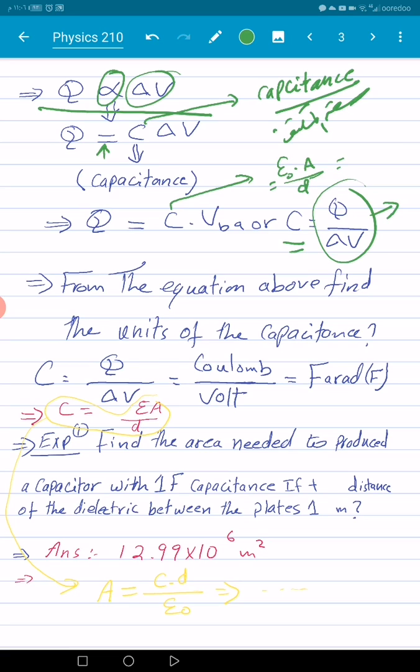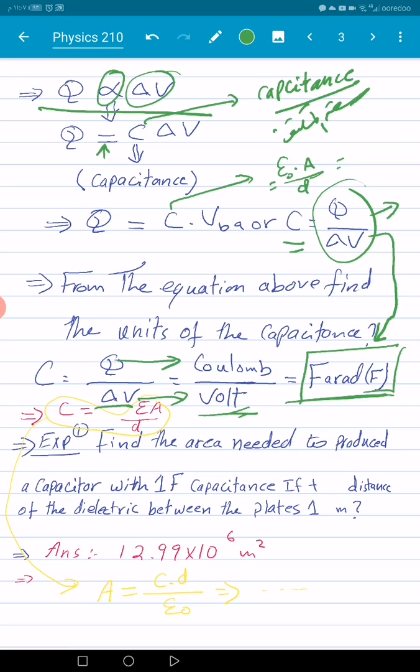But the easiest way, we can use this, because this is normal and easiest to find the unit of the capacitance. So C is equal to Q divided by delta V. Q, the charge in coulomb, delta V, volt, coulomb divided by volt, gives you a new unit, it is farad. So farad is coulomb per volt.